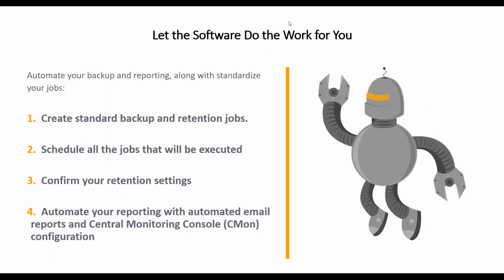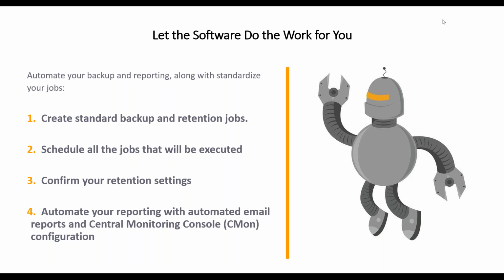Something else that we see every day here at NovaStore in our support is, if you're relying on manual processes, the backup's just going to fail. You're not going to have good backups. Making sure that you have a standard backup job. Standardize everything on your backup jobs, your notifications, your scheduling, making sure that you're not worrying about the end user having to delete things or move things around.